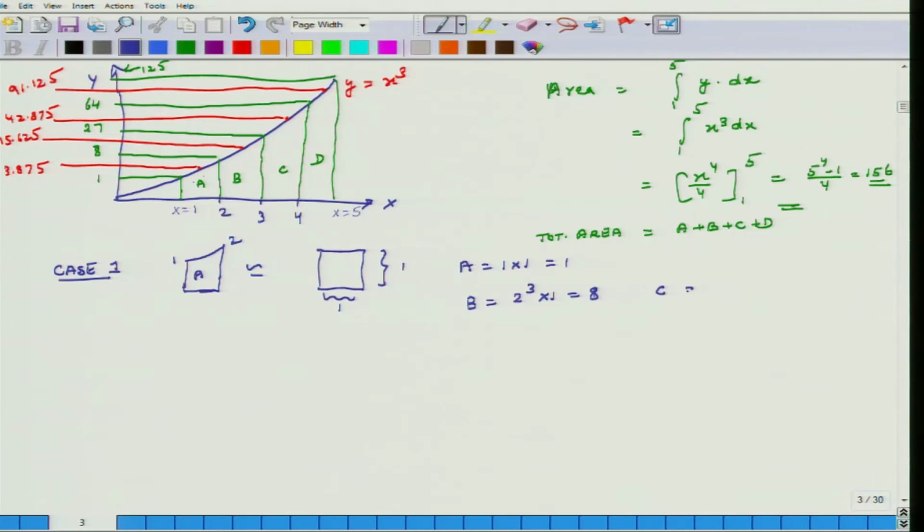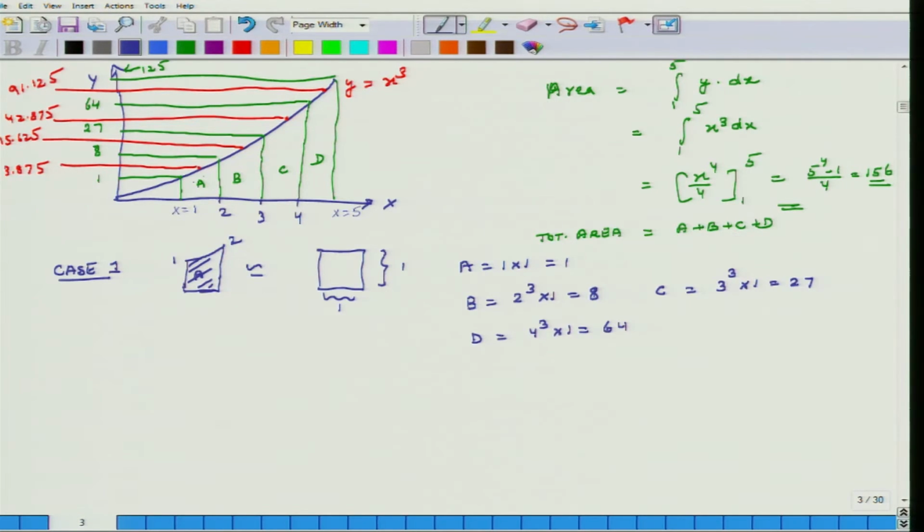Similarly, area C is equal to 3 cube into 1, which is equal to 27, and area D is equal to 4 cube into 1, which is equal to 64. Okay.